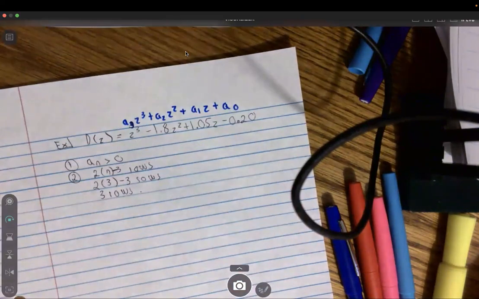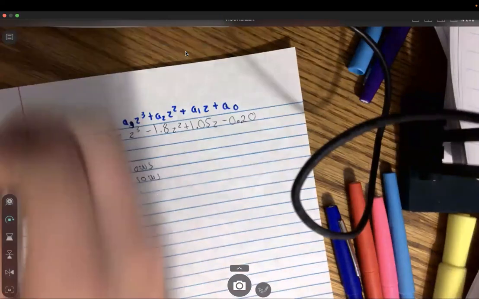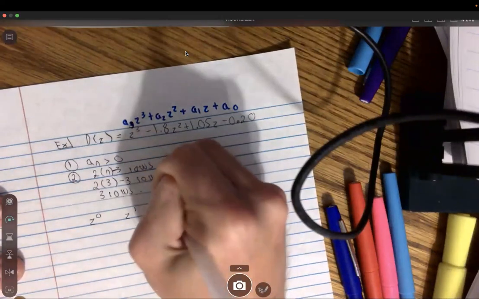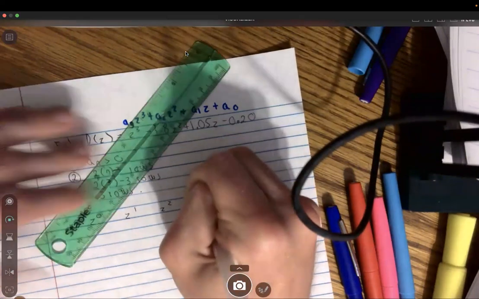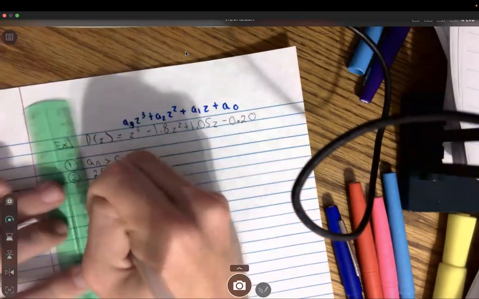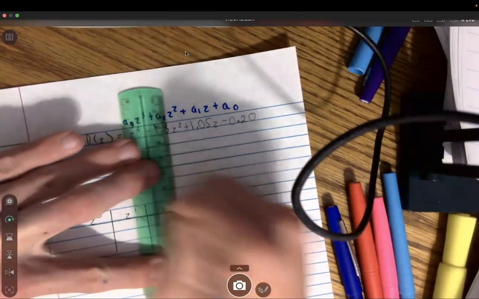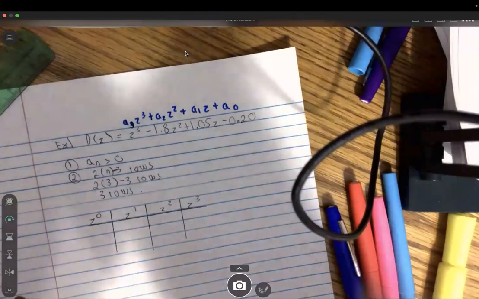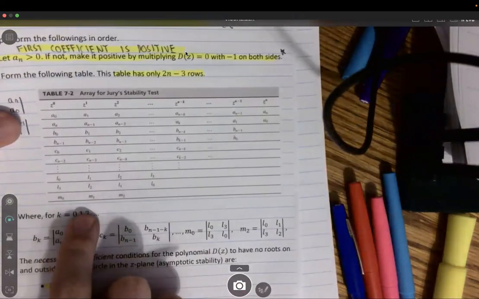And so looking at the Jury's table in particular, we're going to start with the Z0, Z1, Z2, and Z3. And so because we're going to have 3 rows in our table, just already making what our table should look like, what we're going to notice from the table in particular is if we have 3 rows, we're going to be left with these last 3 ones here.